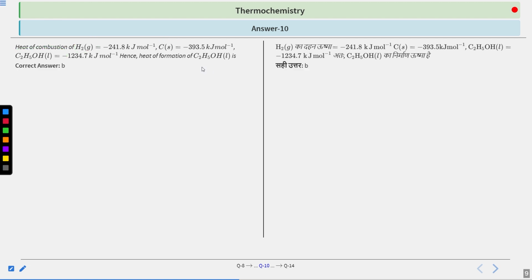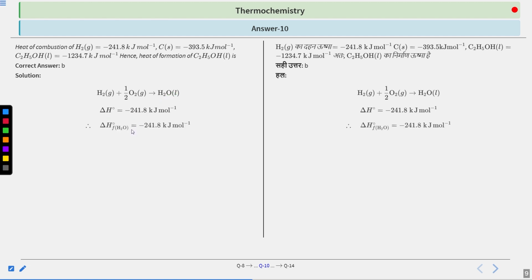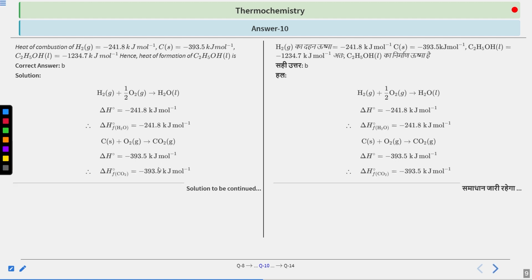Now, for those who have solved, the correct answer is B. First of all, the combustion of H2 plus half O2 is written, and this is for H2O. Next we have written the combustion of carbon to get CO2. So you get the point, right?